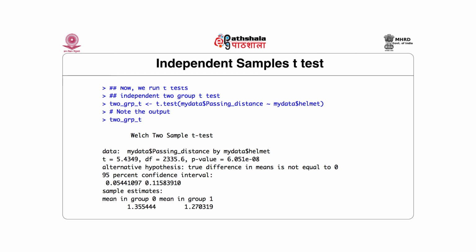That's the first decision that you should make. When you know that they come from two different classes of people, you should be applying an independent t-test.